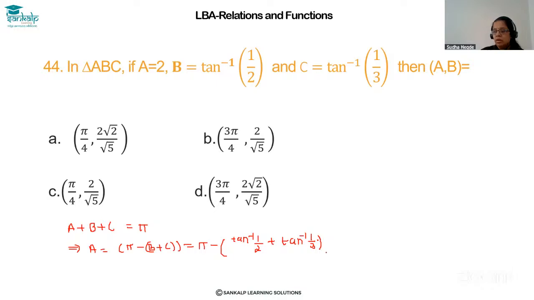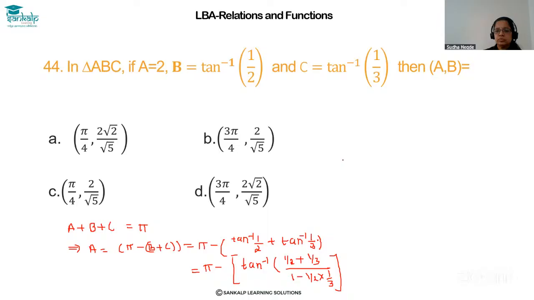Now use the tan inverse A plus tan inverse B formula. So what will you get? It is pi minus tan inverse of, what? A is 1 by 2 plus B is 1 by 3 divided by 1 minus A is 1 by 2 into B is 1 by 3.